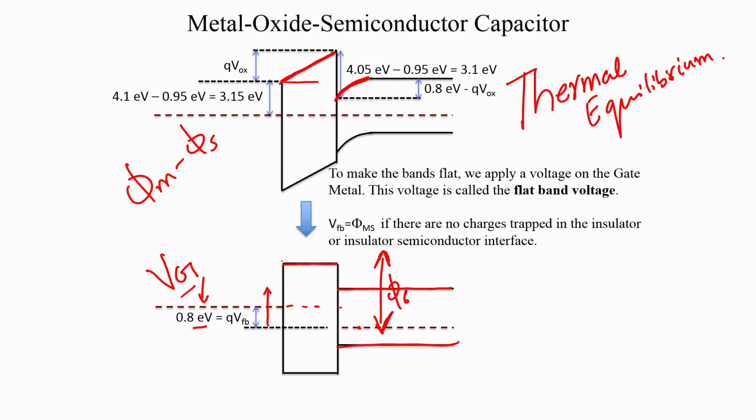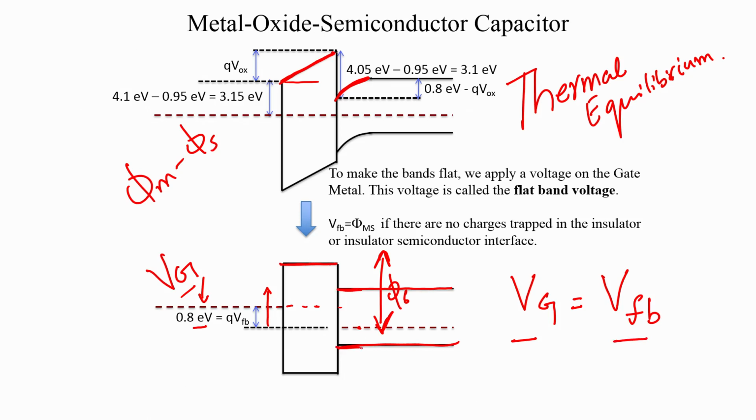The gate voltage at which there is no potential drop across the oxide and no built-in potential in the semiconductor is called the flat band voltage, and we will give it a special symbol, VFB. So, when my Vg is equal to VFB, all my bands are flat.